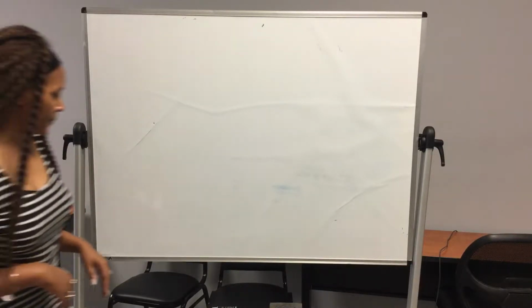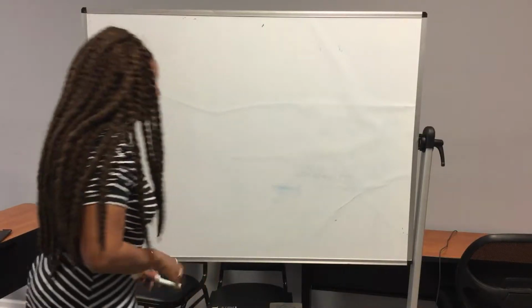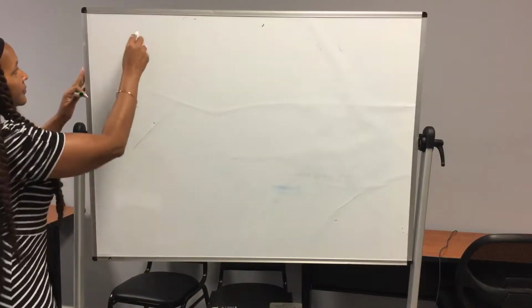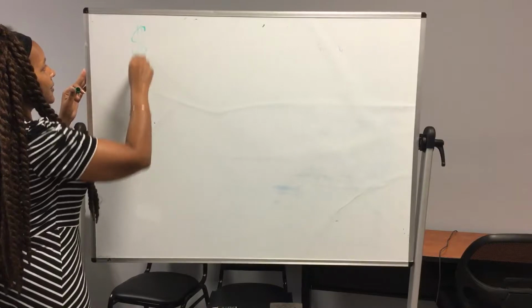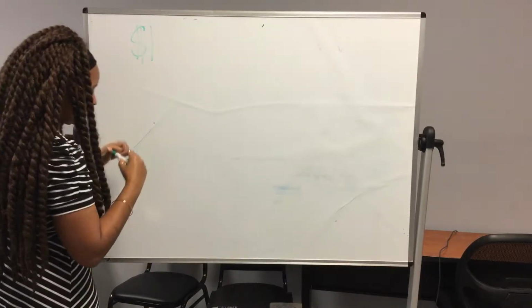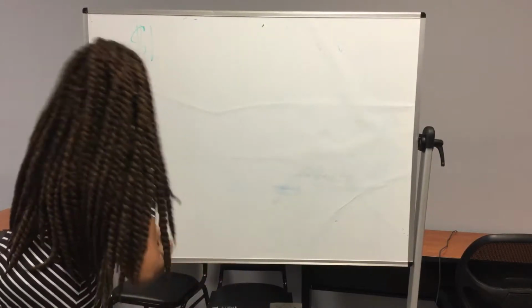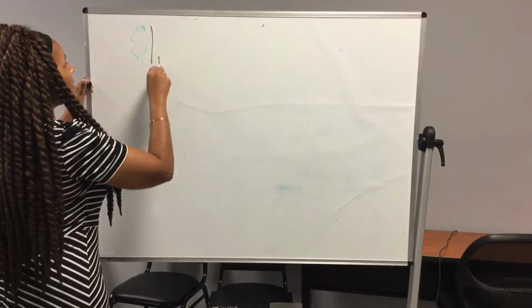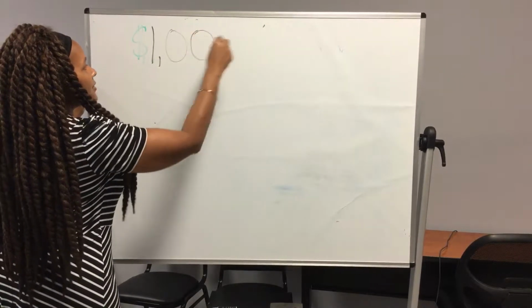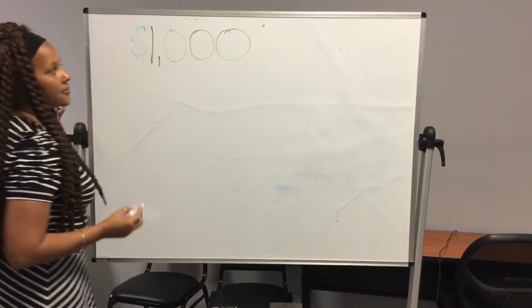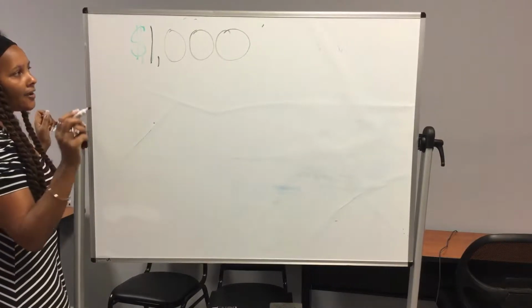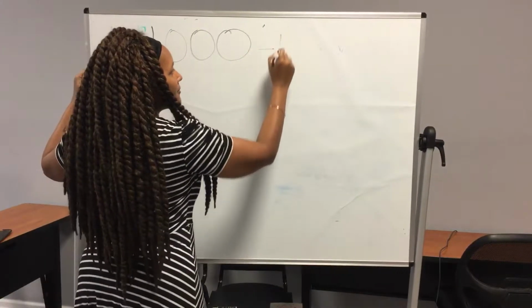So let's just do a simple example. I hope you guys can see this, that it's dark enough. Let's try to use black, hopefully that'll be better. The taxes are $1,000. They have been paid.